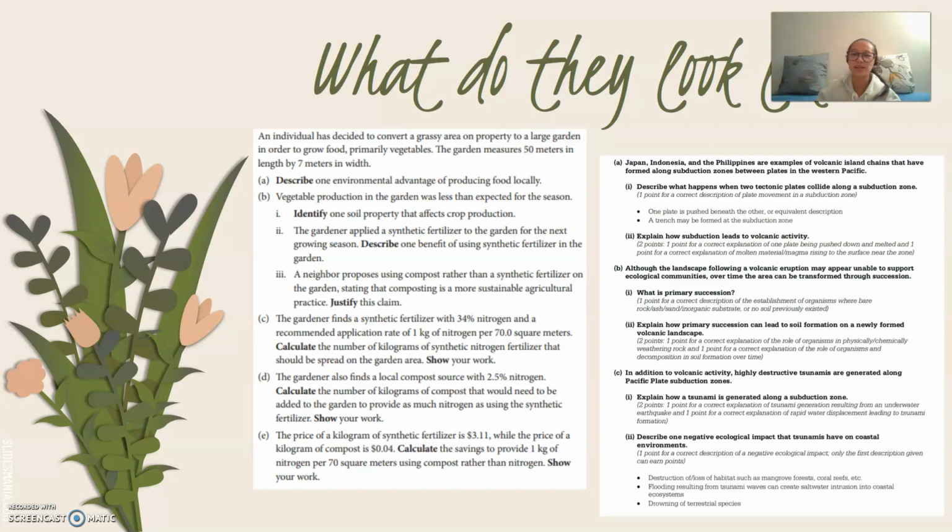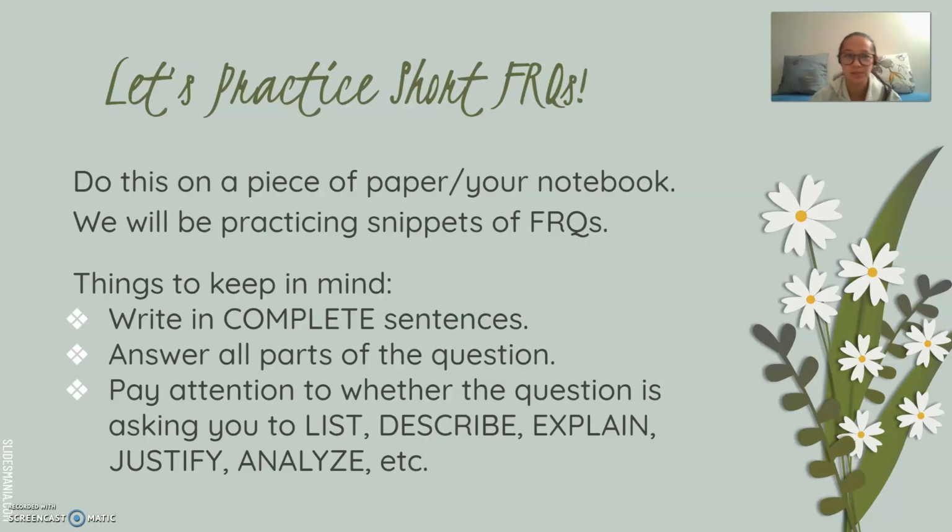It'll break down specifically what you need. The tough thing about AP Environmental Science FRQs is that they're super specific and they're really looking for specific things. So we are going to practice that together to hopefully get the best score that we possibly can. Okay, so your turn.